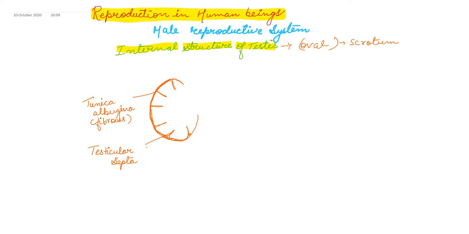Each testis has 200 to 300 testicular compartments due to this testicular septa. These are the compartments.